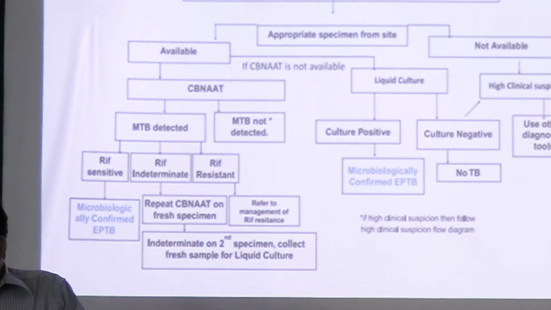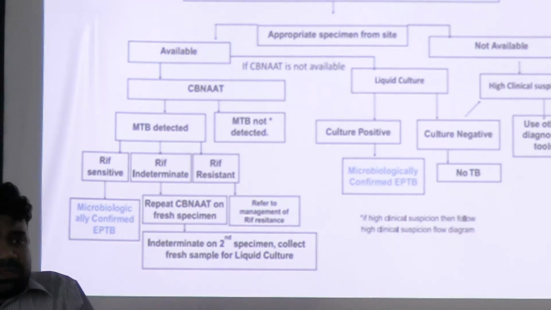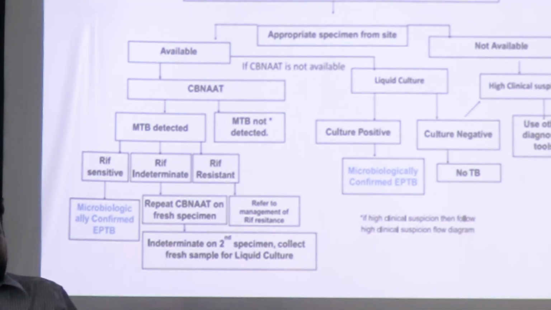Now, pleural tuberculosis is not the continuation of pulmonary tuberculosis. Rather, the inflammation occurs in the parietal pleura. So, if the bacilli have reached the parietal pleura, that means it is not directly from the pulmonary bed, but rather by hematogenous or lymphatic spread.